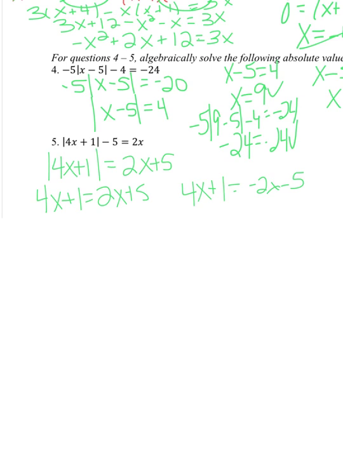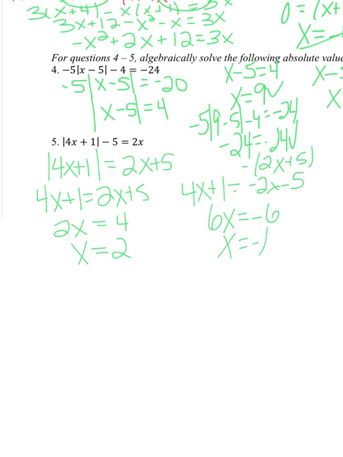You have to make sure you distribute any negatives. So this is really negative times 2x plus 5 we had done in class. So here if I subtract over 2x, I get x equals 2. On the other side, I get x equals negative 1.